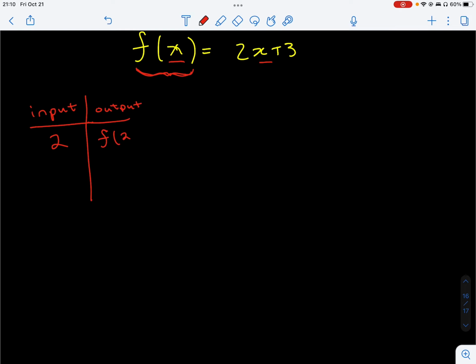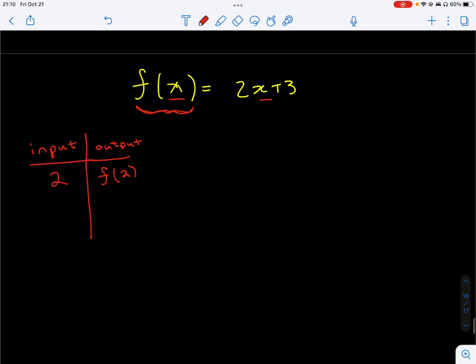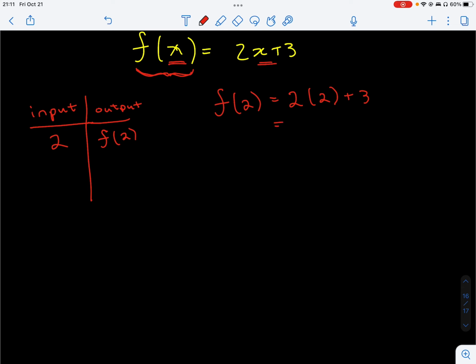what I'd write is f of 2. In terms of my actual equation, I have my function evaluated at 2, f of 2, which is equal to, well, where I see x, I plug in 2 times 2 plus 3. If I just plugged along here, I would get 4 plus 3 equals 7.